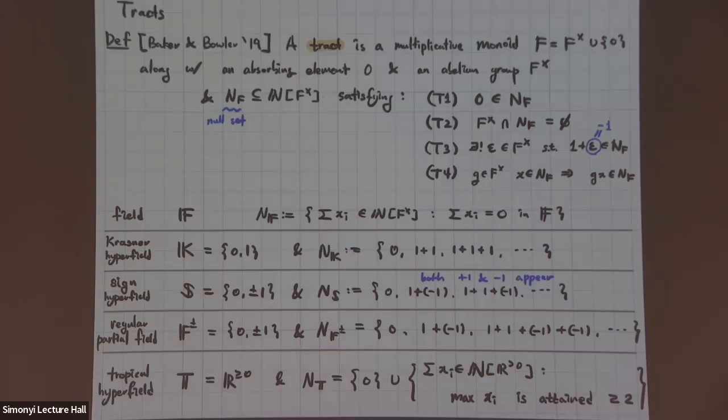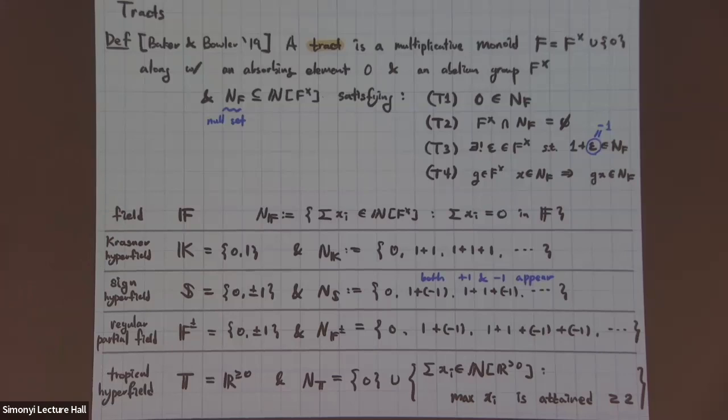The definition is that it is a multiplicative monoid with an absorbing element 0, and an abelian multiplicative group, together with what is called a null set, which contains 0. It is just a subset of our group semiring satisfying those conditions.